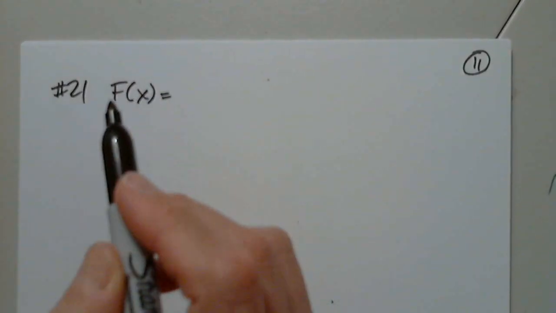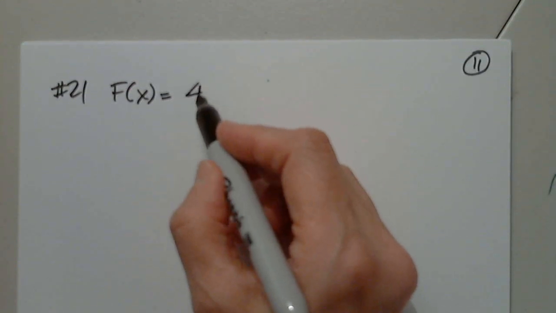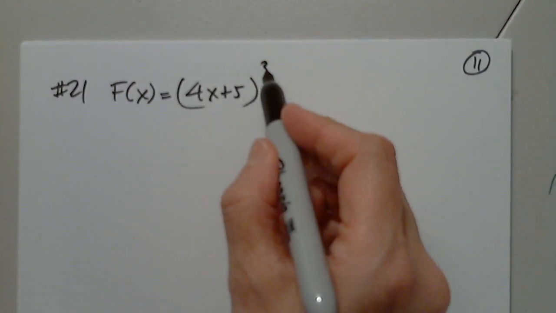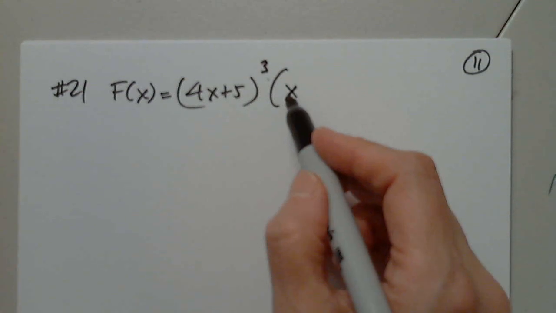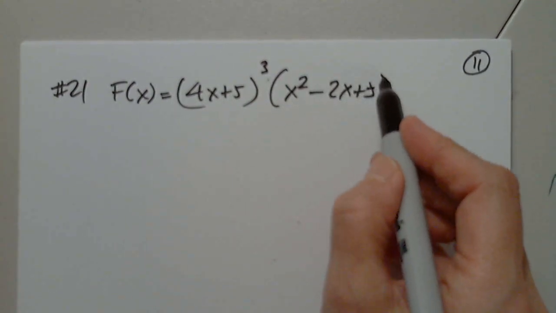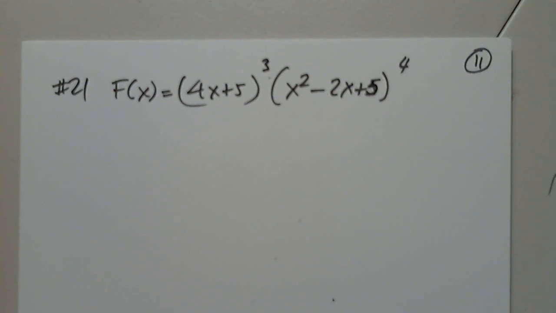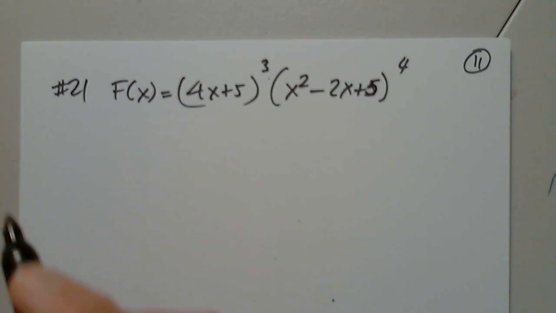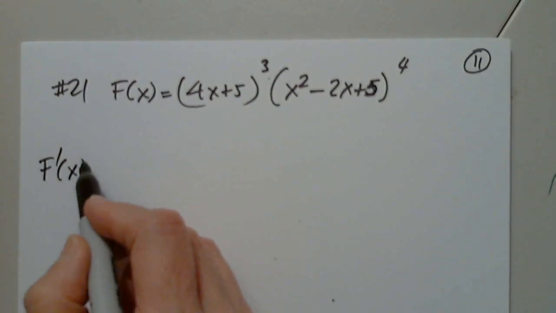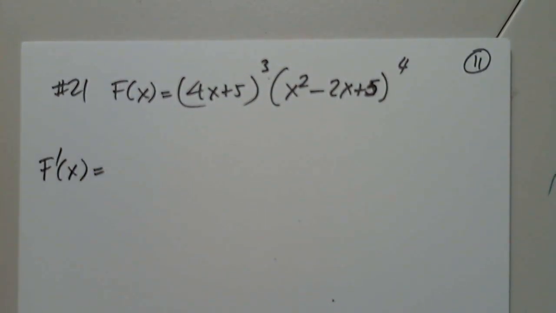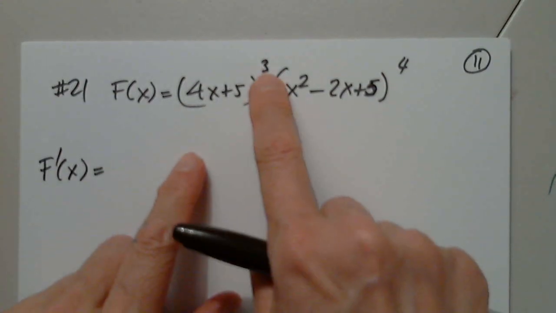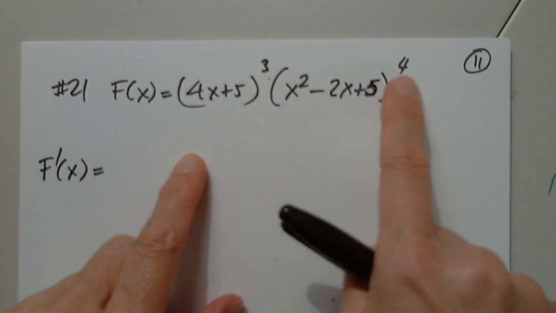So f of x equals 4x plus 5 to the third, times x squared minus 2x plus 5 to the fourth. Very good pick, because you'll see what happens in chapter 4 with something like this. So f prime of x, now it's a combination of different rules: power rule, product rule, power rule.